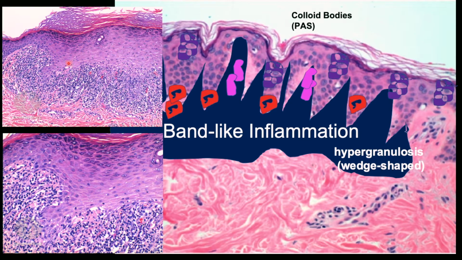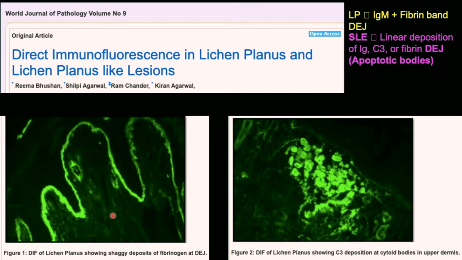And these are just images from histology to show you those patterns. As you see the inflammation, we see from low power the hyperkeratosis, and we also see the vacuolar changes in the basal cell layer. Here we see more on this image.